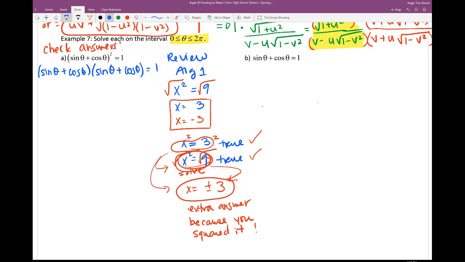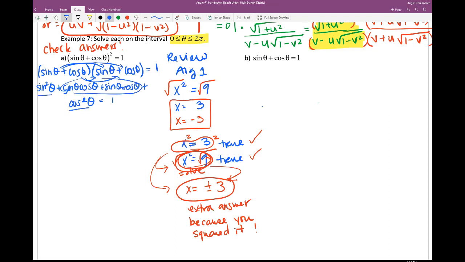Equals 1. Okay, let's FOIL cautiously. Sine times sine is sine squared of theta. Sine times cosine is sine times cosine, because there's not much I can do with that. And in the middle, there's another one, sine times cosine. Then cosine times cosine is cosine squared of theta, equals 1.